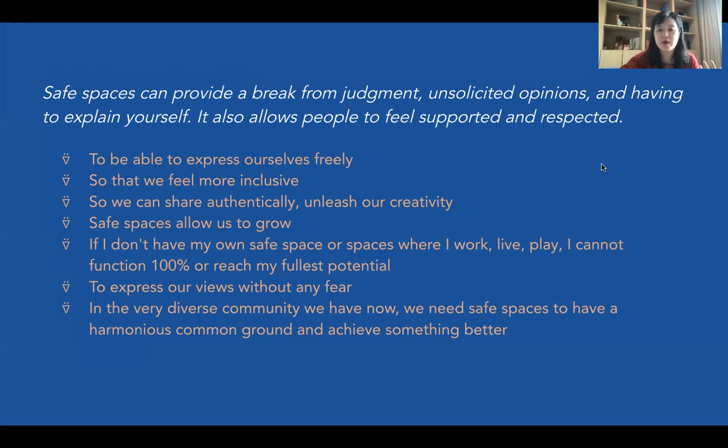If I don't have my own safe space where I work, live, play, I cannot function 100% or reach my full potential. And it's also to express our views without any fear. And in a very diverse community like we have right now in the Movers community, we need safe space to really build this harmonious common ground to achieve something better, right?